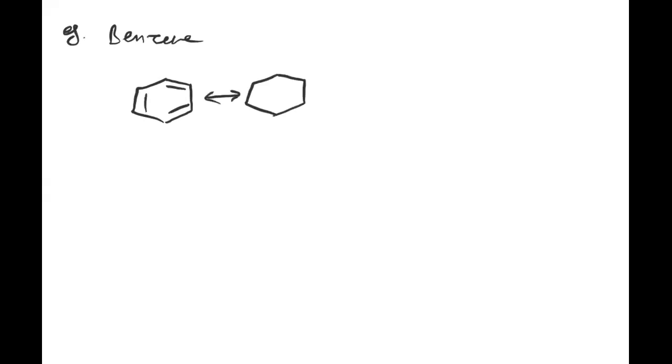For example, you can imagine benzene. One of the resonating structures of benzene is like this, and another resonating structure of benzene may be something like this. In the actual structure of benzene, nowhere do we have a carbon-carbon double bond and a carbon-carbon single bond.